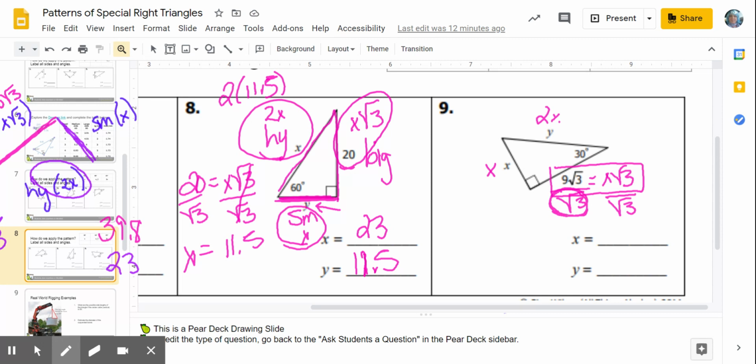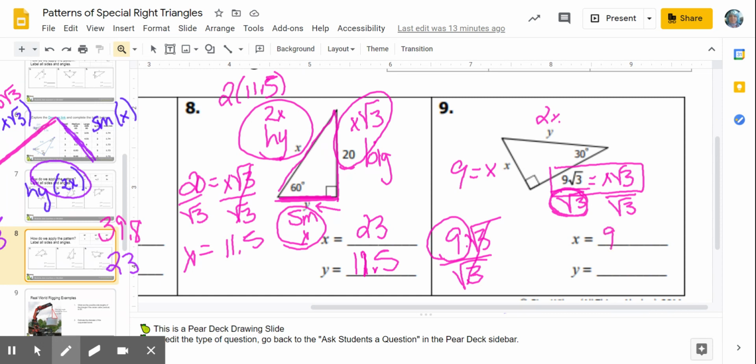And what happens when you multiply something by a number and you divide by that number? If I do 9 times 3 and then divide by 3, don't those cross out? So 9 times the square root of 3 divided by the square root of 3 is still going to cross out, and we should be left with 9. So x equals 9. That short side equals 9.